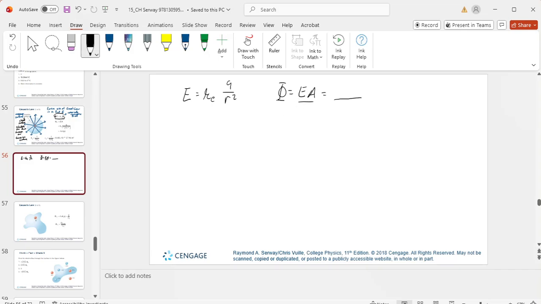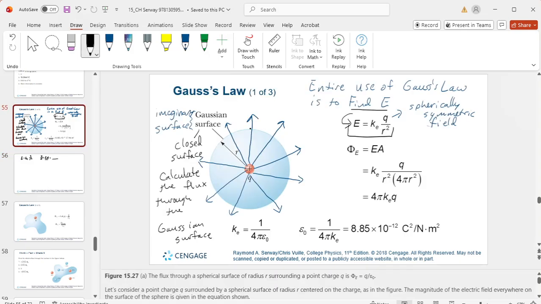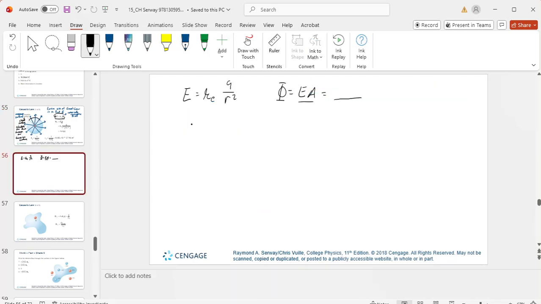So the flux is given by the amount of field penetrating through the entire sphere. The field is given by k_e q over r squared, and the surface area of a sphere is equal to 4 pi r squared.